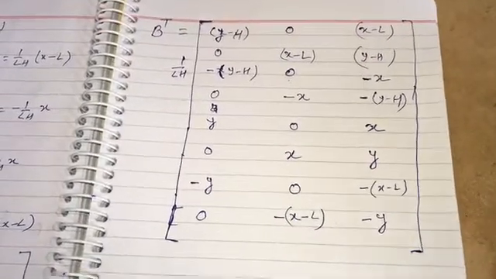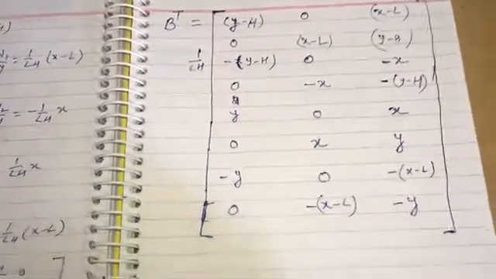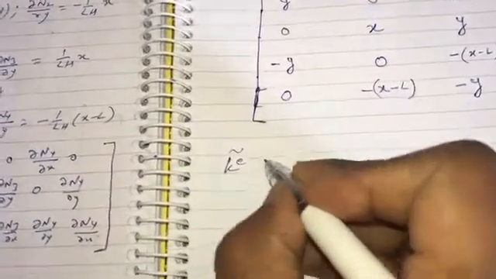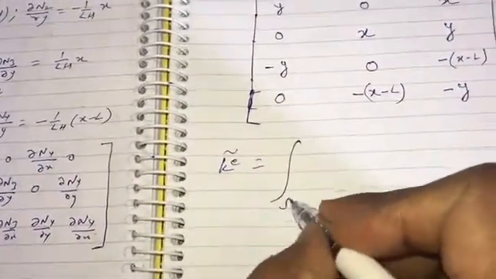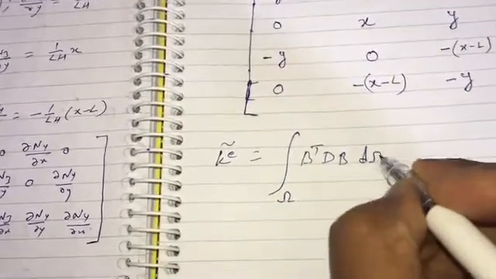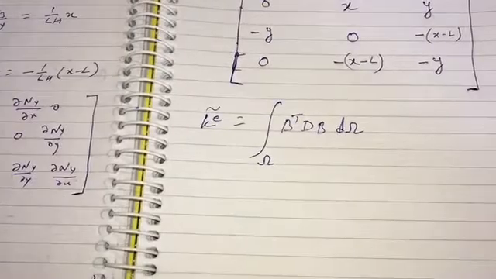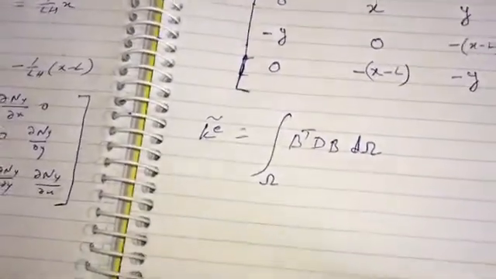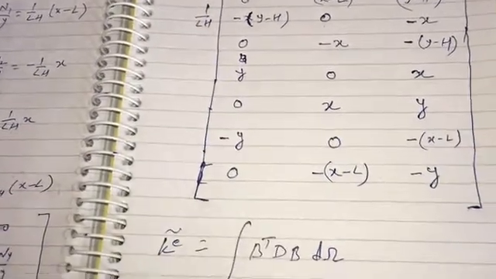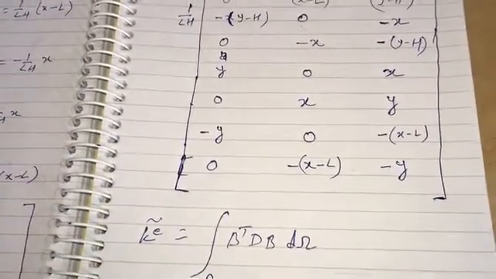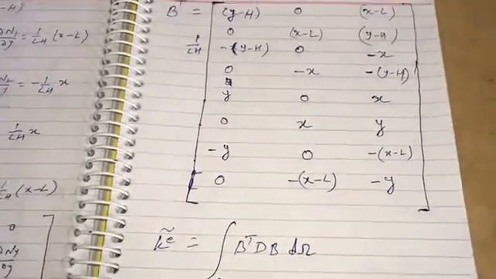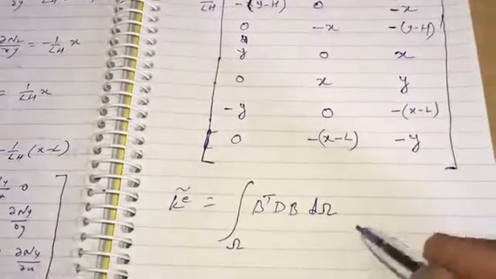So once we have that B transpose, then K E is equal to the integral of B T D B d omega, and now B T is an explicit function of x and y, so it can be integrated very easily.